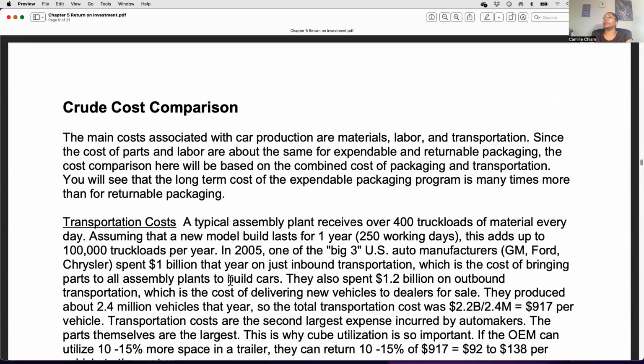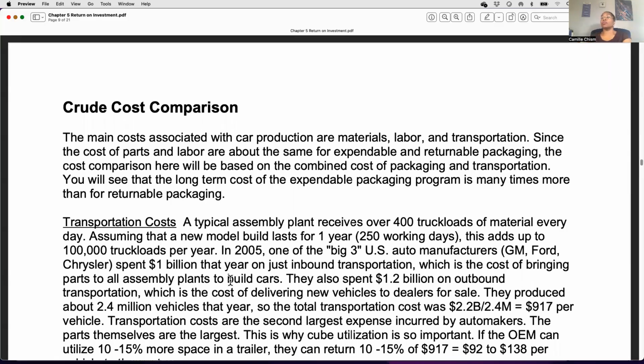So when you make it a car, you're looking at things like the transport of parts, labor and materials. Those are really the main things, just for the cost of the parts. And the cost of the parts and labor are the same. That doesn't change, whether it's returnable or expendable packaging. So you can assume that it's going to be about the same, because your piece price is the same.